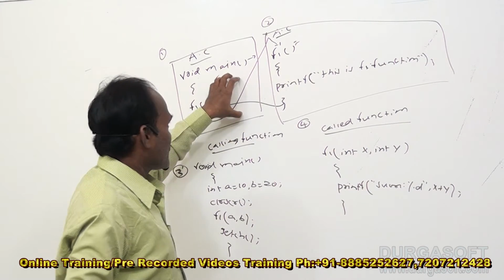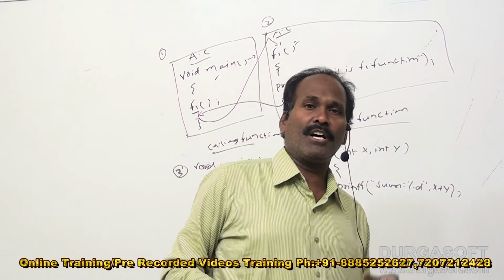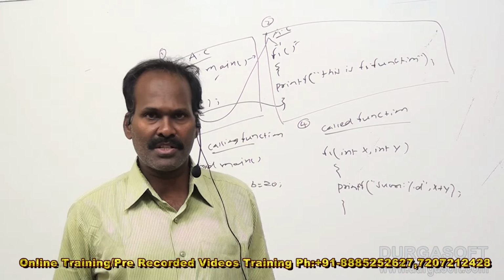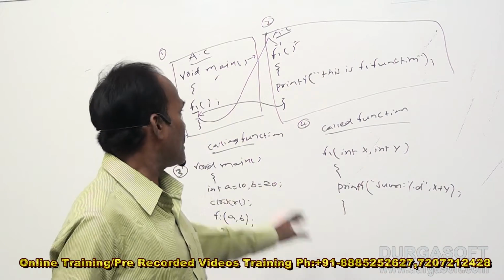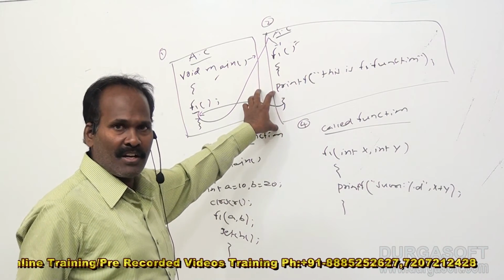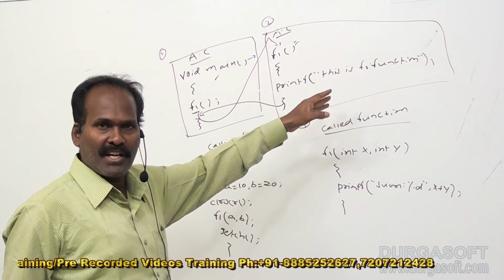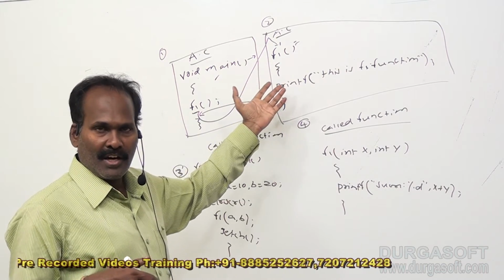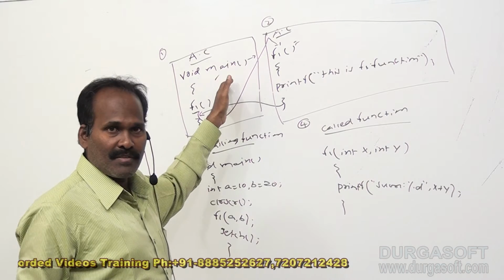So this is the first category: a function without arguments and without return values. Under the first category, the calling function calls the called function, and after performing everything in the called function, control automatically returns to the calling function.